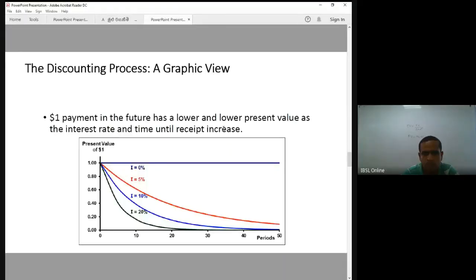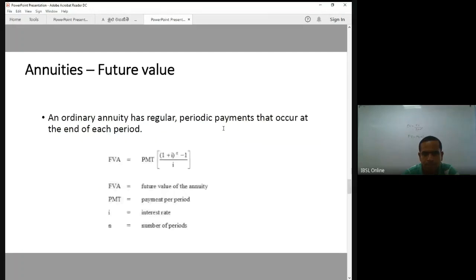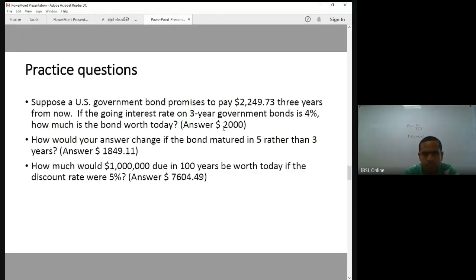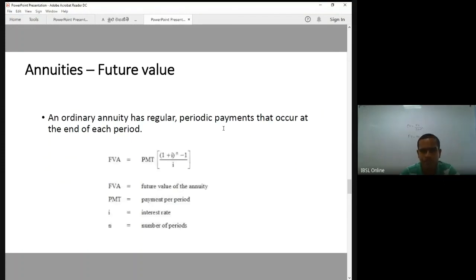We calculated present values, discounted cash flows. We did the examples. And I think this is where we stopped. We have to do annuities. Am I right?